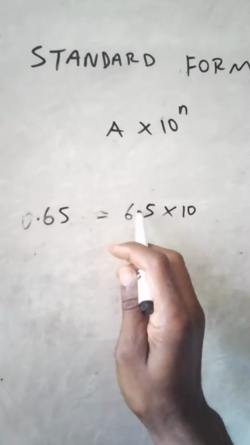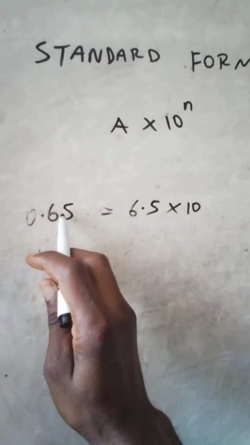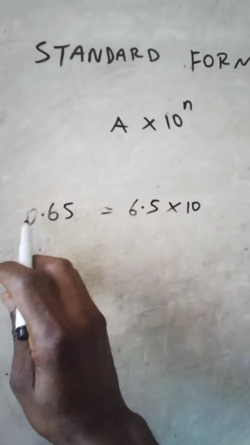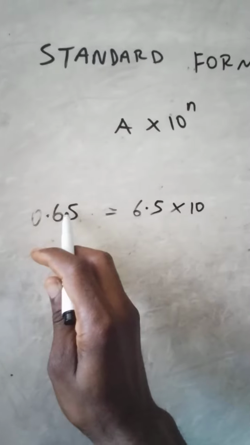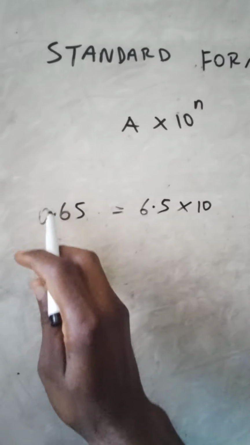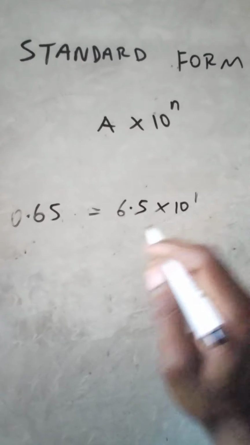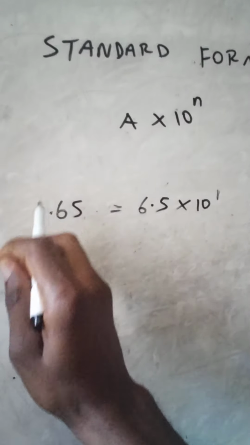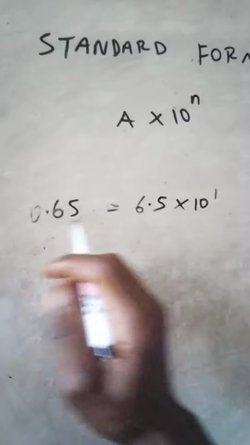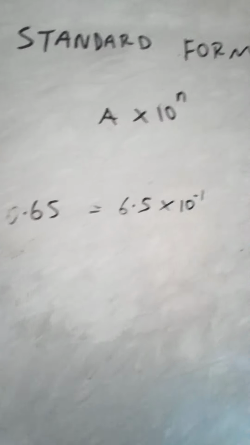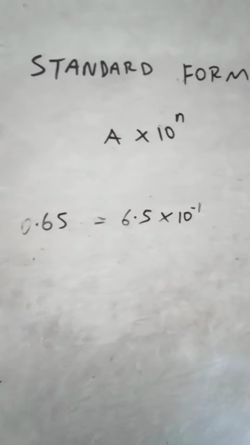You say 1. But because you have to move to the left to get back to your original number, the index is going to be minus or negative.